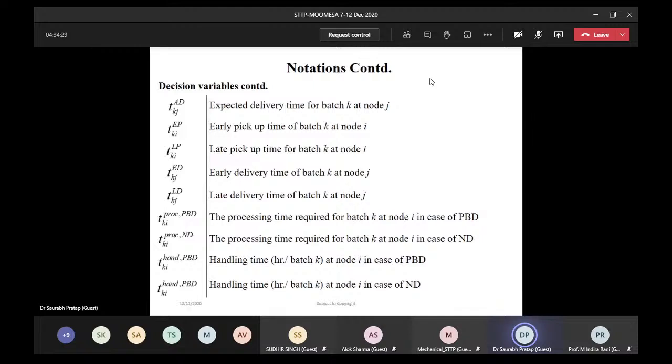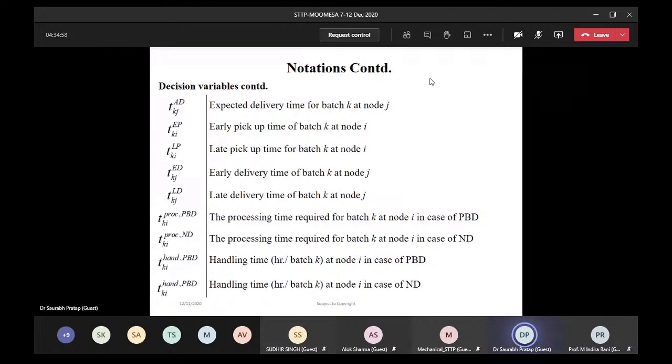And the expected delivery time, on the basis of the distance, the e-commerce platform calculates it. And early pickup time means at what time the logistics service provider can pick up the product or make the batch from the supplier. So early pickup time will be calculated by the decision support system.